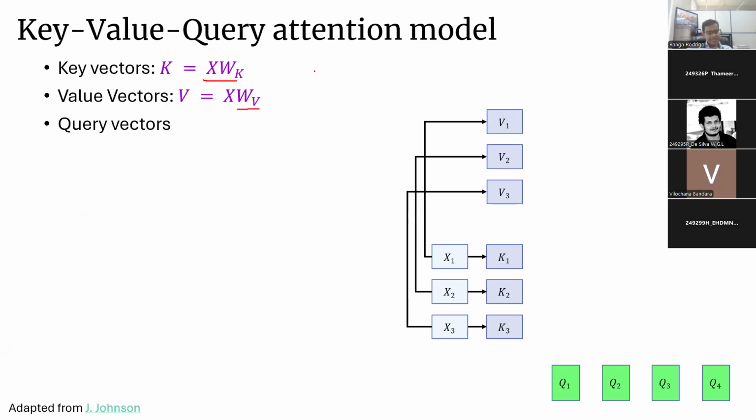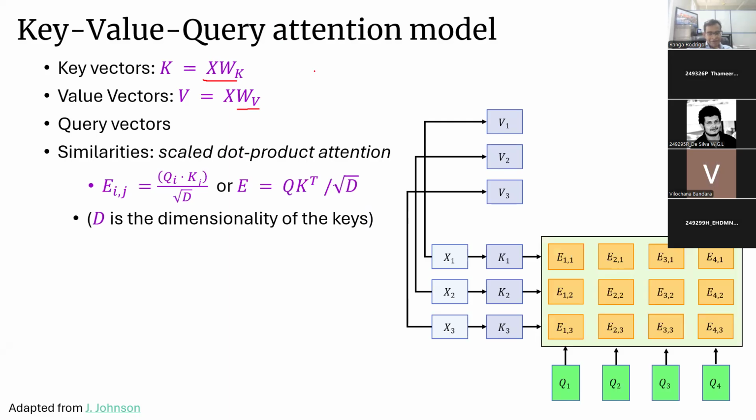Then you have the query vectors Q1 to Q4. What you do is obtain similarities between the keys and the queries. Three keys in this case, K1, K2, K3, and four queries, Q1, Q2, Q3, Q4. Therefore, these similarities must be a 3 times 4 set of numbers, E1,1, E2,1 up until E4,3. I hope this is very clear to you.